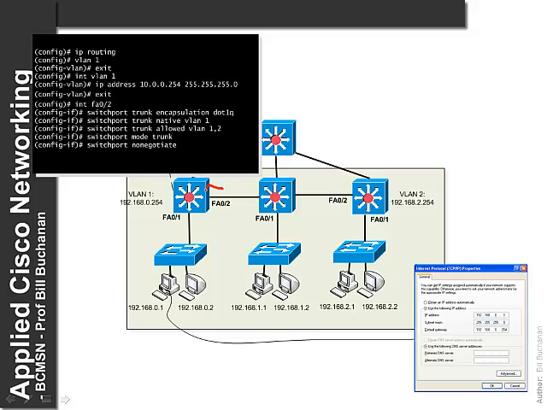So in this case we create trunking, we allocate ports on the switch to be trunks, and this trunk will carry VLAN information across multiple switches.